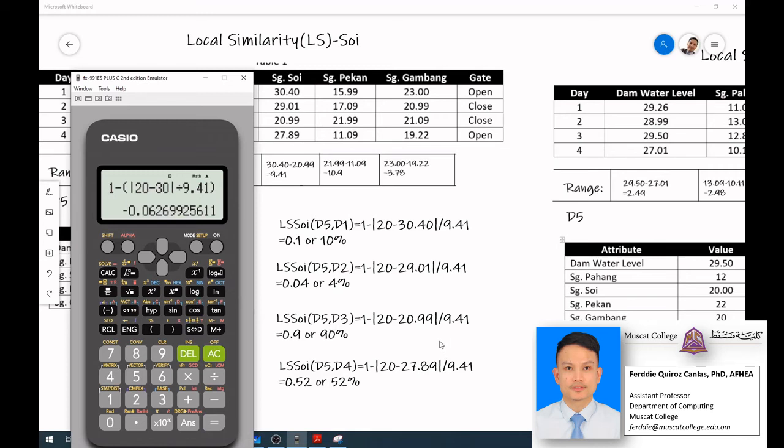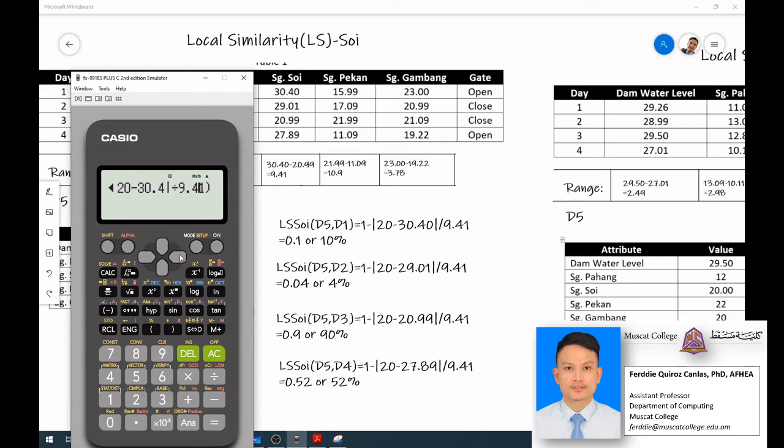Negative 0.0626. Anybody here from the group? I forgot to put something here. This is 0.4. Let me just get the answers. 1 minus 20 minus 30.4 divided by 9.41. Do we have the same output, Doctor, please?